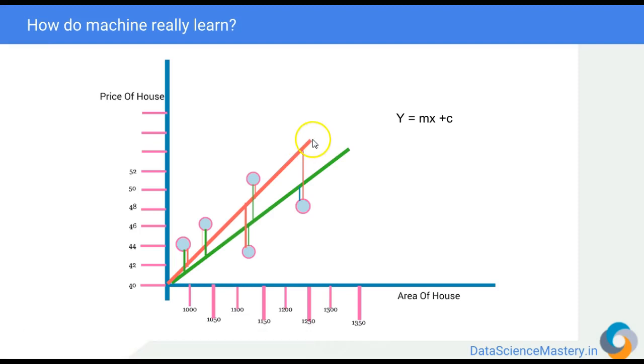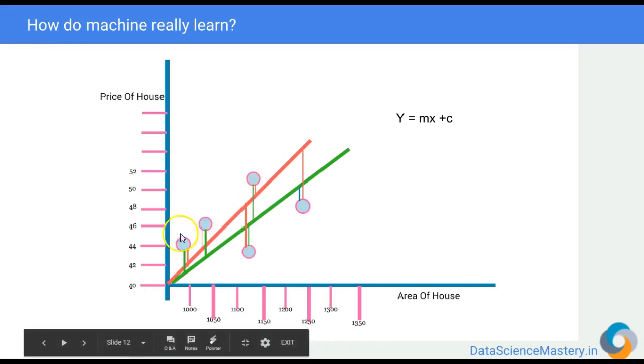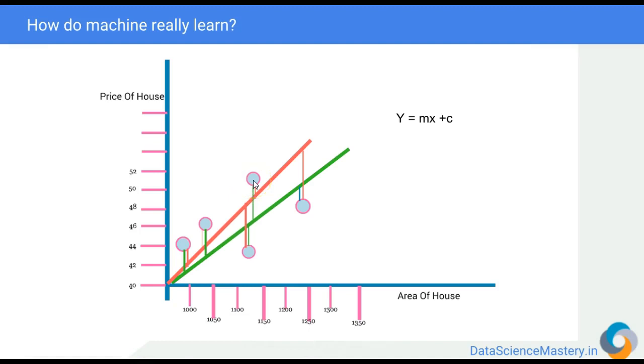So what I mean is, let's say this is the line. These are the actual points which I know, these are my training examples. And this line is a difference between what the model thinks and what the actual price is. So the actual price, for example, is something more than 50, whereas the model thinks the price is a little less than 50 for this point.